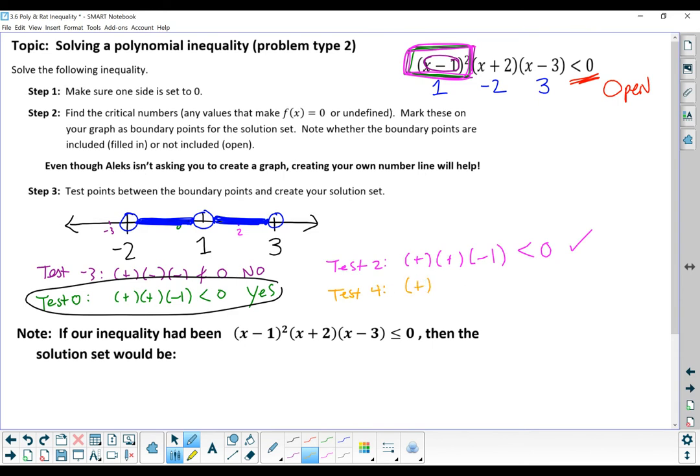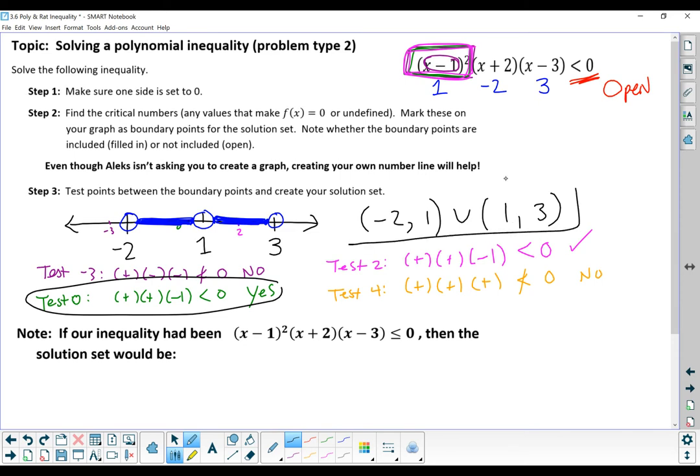The first factor is squared, so it's positive. 4 plus 2 is positive, and then 4 minus 3 is positive, and that's definitely a positive number, which is not less than 0, so we would not shade that region. So to report our answer here, we would say from -2 to 1, union 1 to 3. So we would have to have that broken up into two pieces.